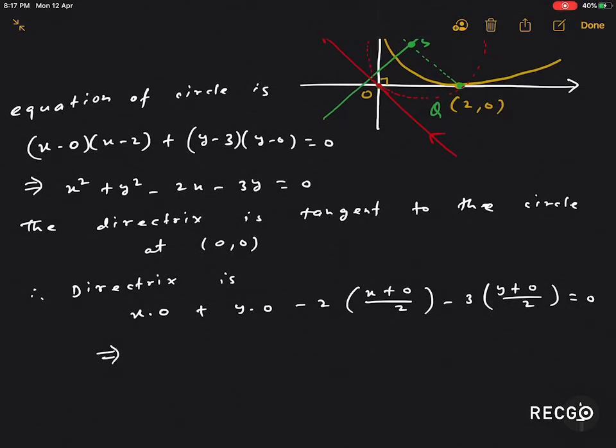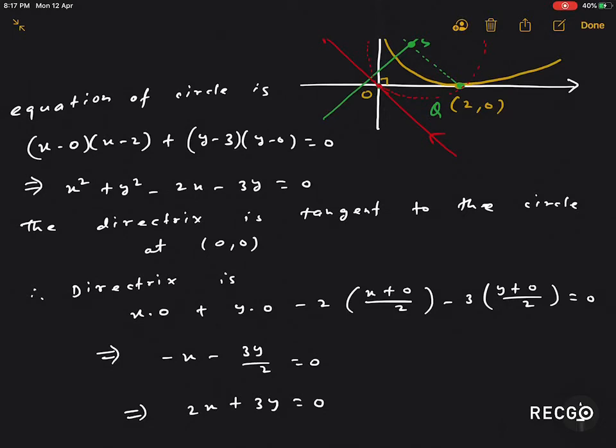So the directrix is x into 0 plus y into 0, minus 2 into (x plus 0) by 2, that is (x plus x1) by 2, minus 3 times (y plus 0) by 2, that is (y plus y1) by 2, equal to 0. After simplifying, we are getting the equation of the directrix as minus x minus 3y by 2 equal to 0.